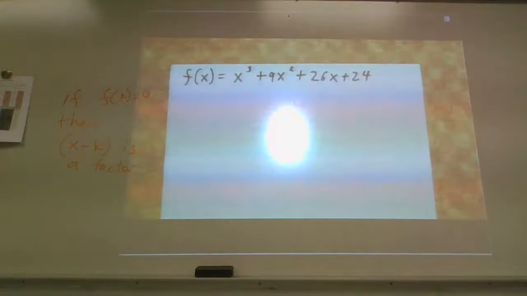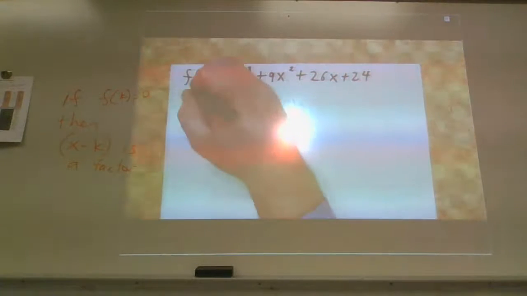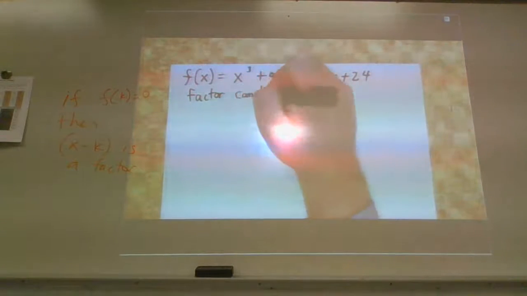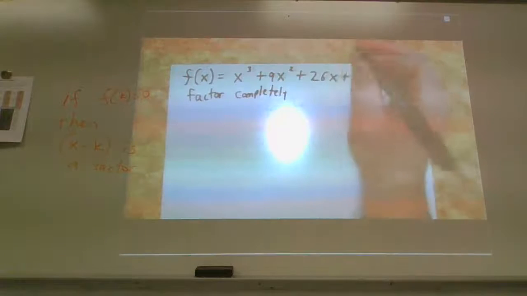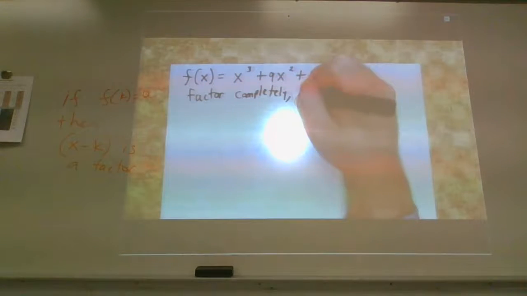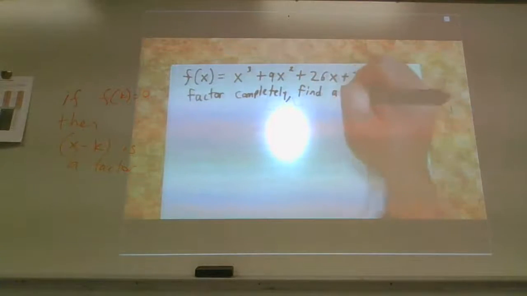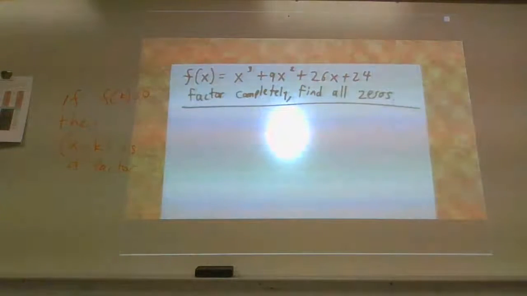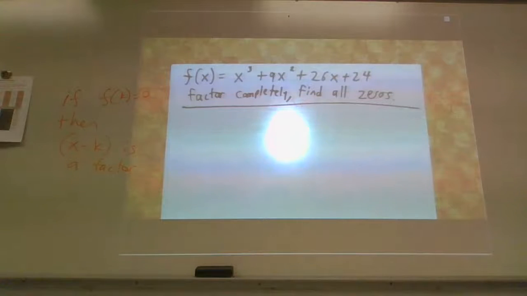Let's say I gave you the directions: factor it completely, find all zeros. Those would be the directions I give you on an assessment. Show me all of that work and find me all of the zeros.